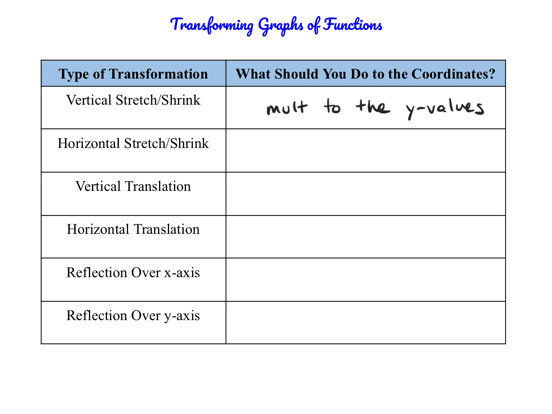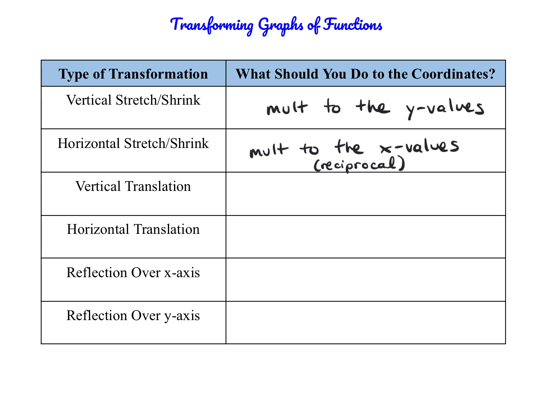Anything vertical, we do to the y values. And for a horizontal stretch or shrink, we're going to multiply to the x values. You just have to make sure for this one that we use the reciprocal for that stretch or shrink factor. So whatever the factor is, that's what we multiply by.